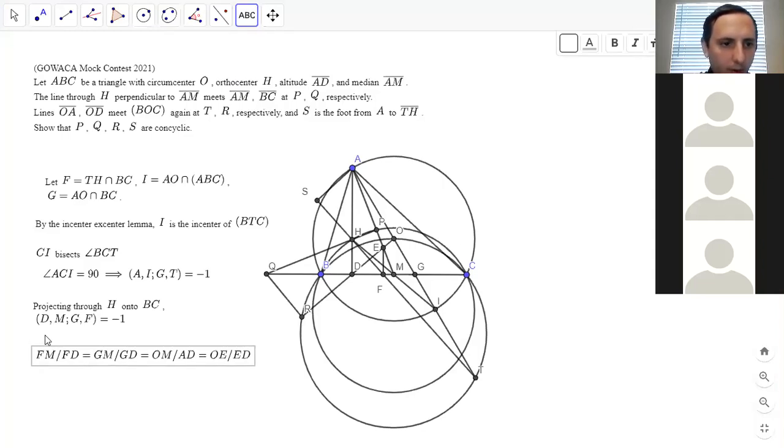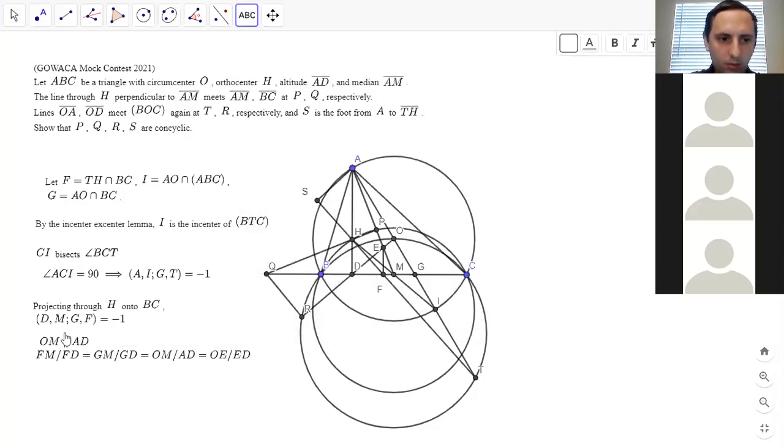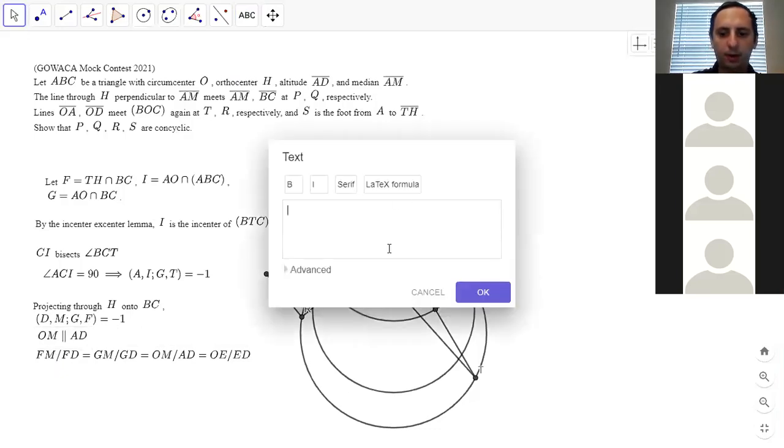First I'll just say OM is parallel to AD. And so that means that EF is parallel to AD, which means that EF is perpendicular to BC.